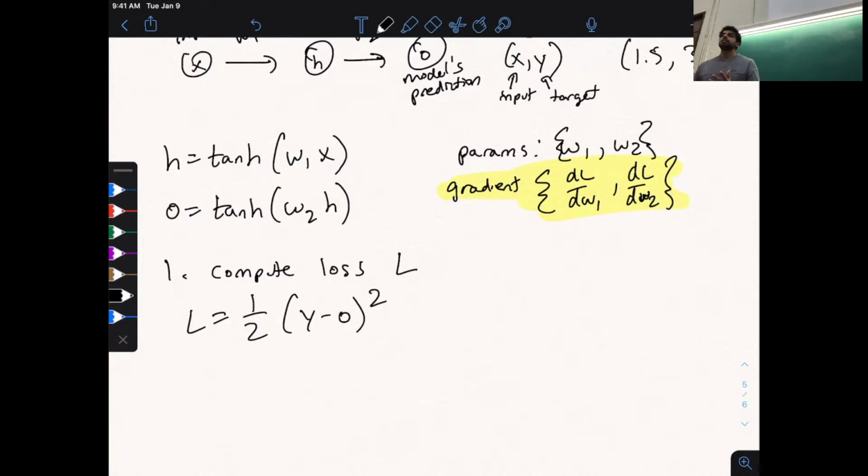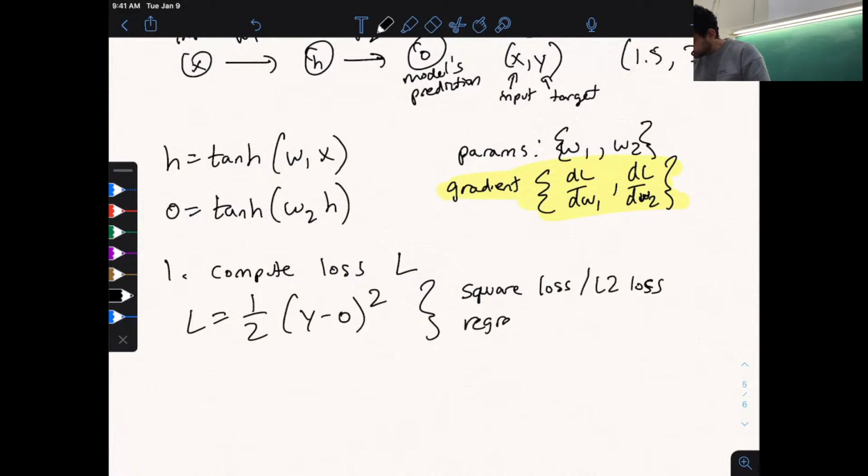If you think about this loss function, it basically is high when O is very different from y, and low when y is similar to O. It's always positive, right? It's a square. So this is called the square loss, or the L2 loss.